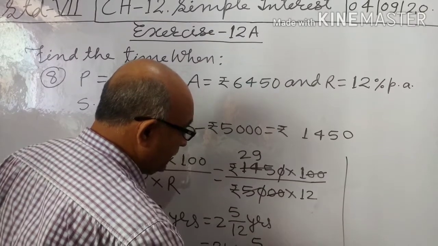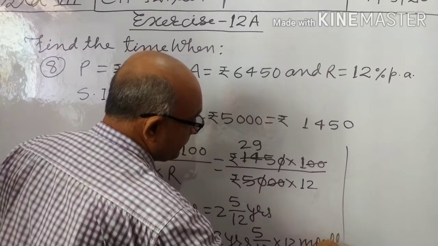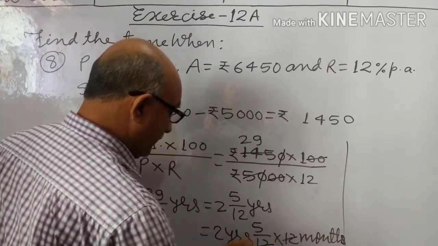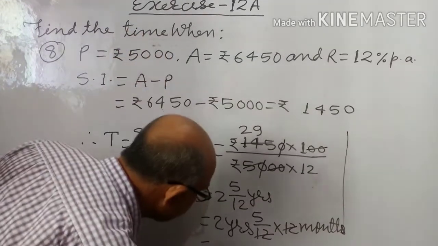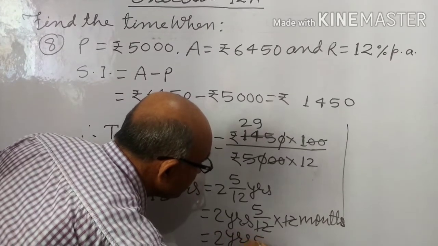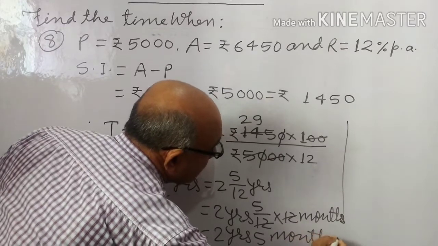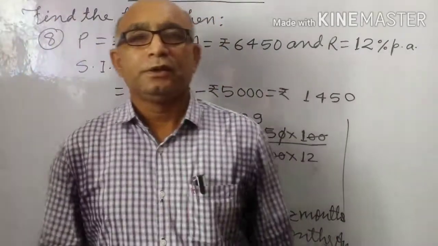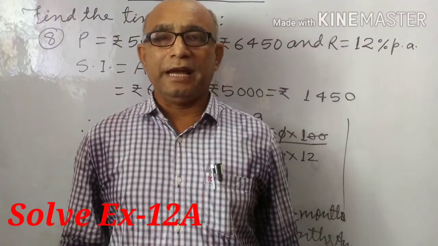So 5 by 12 into 12 months. 12 to 12 cancel equal to 5 months. 2 years, 5 months answer.